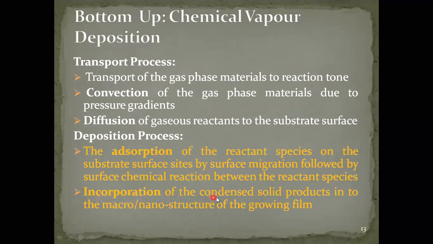We call it incorporation of the solid products on the growing film. So in the deposition process, the two main things are adsorption, and then after a reasonable amount of time, incorporation of the materials will be completely formed on the surface. That is the original film we are having, right?